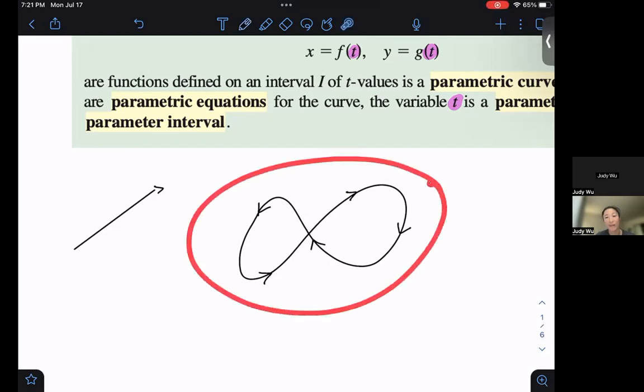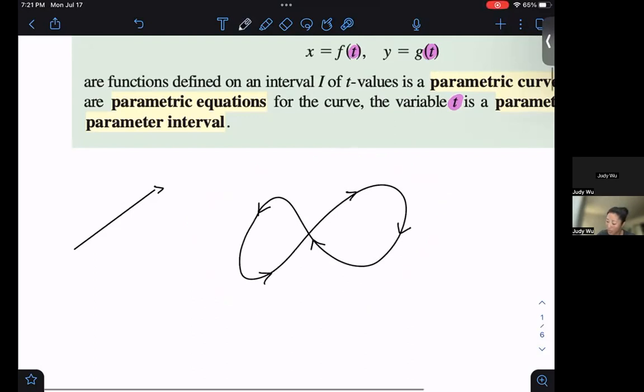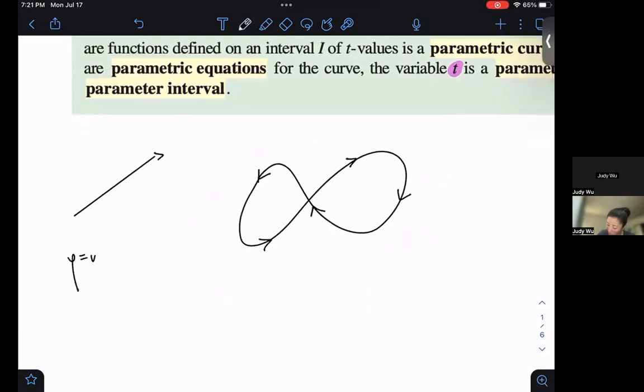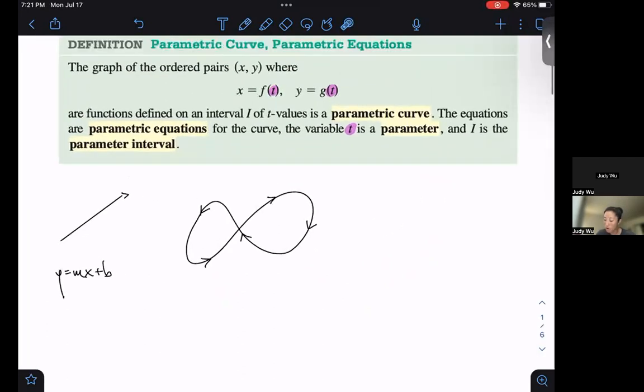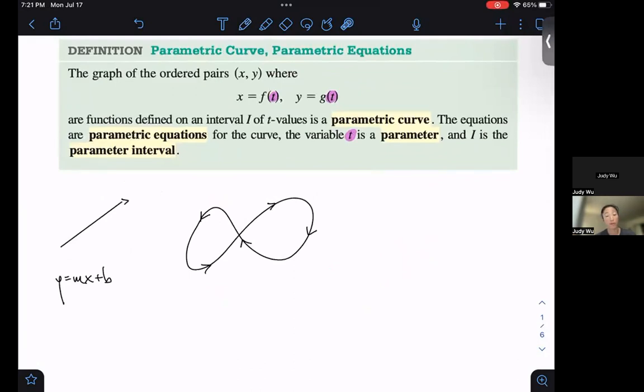How would we write an equation for something like that? That seems really complicated. When we have a line, we can just say y equals mx plus b, but how would we write an equation for a more complicated motion? That is one of the more important uses of parametric equations.